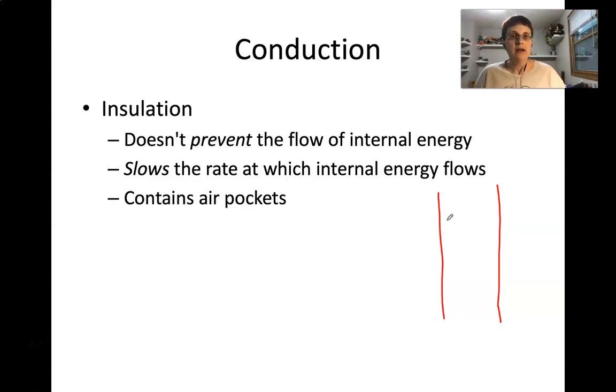We've got the batting in between. But that batting isn't solid, right? It's poofy. It's got the polyester type material in between, and it's made up of strands that are all kind of locked together, but they're not solid. They've got spaces in between them.